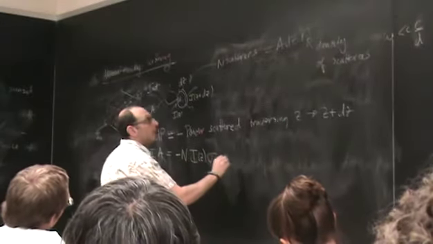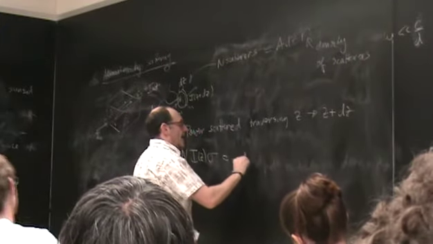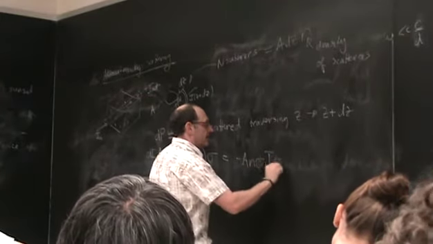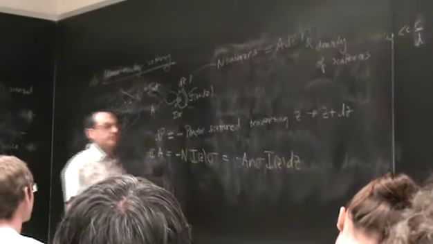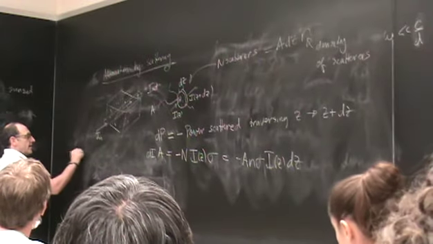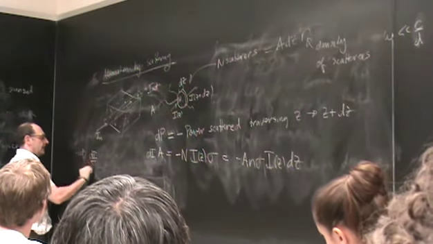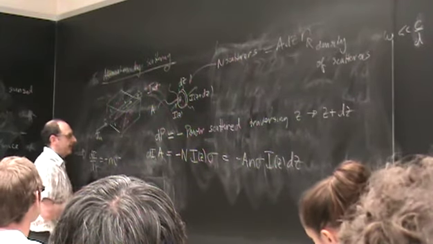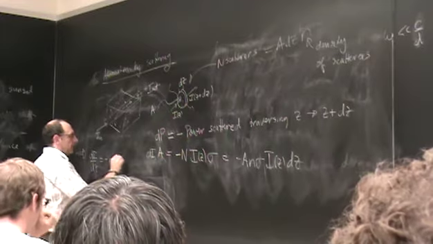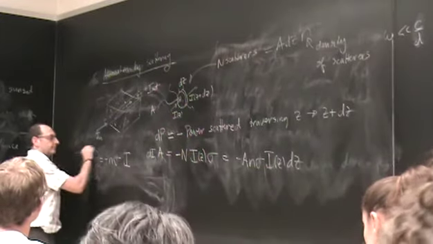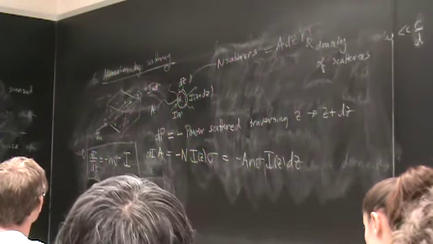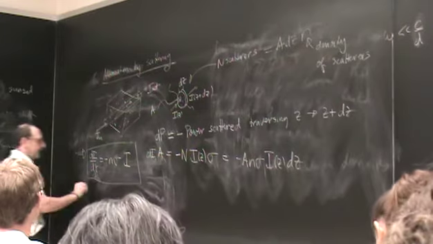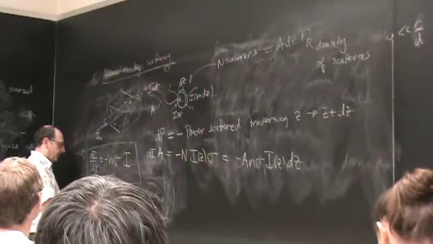So this then is equal to minus A, the density, the cross-section, I, dz. Or dI/dz is equal to minus the density times the scattering cross-section times I. Which has the lovely name of Beer's law.